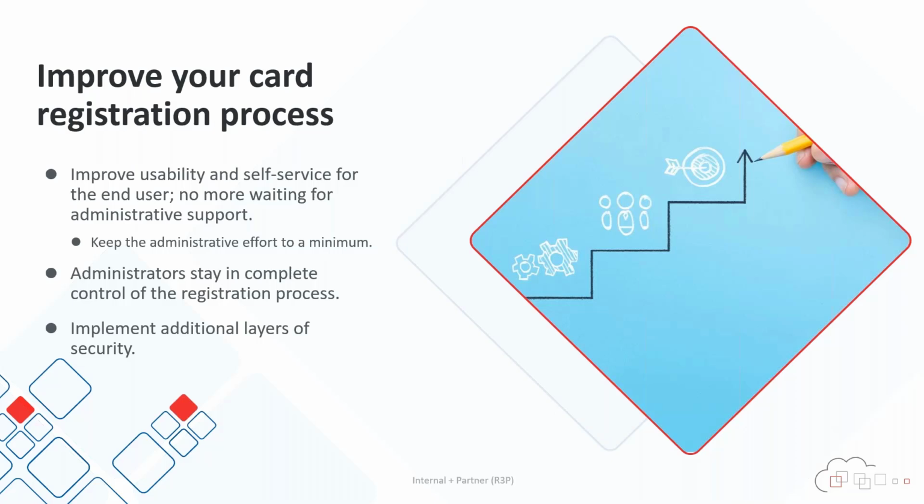So our improvements to the card registration process, as you probably now understand, significantly enhance the usability and self-service for end users. Users will no longer have to wait for administrative support, allowing them to manage their registrations quickly and efficiently, minimizing that frustration. We have retained administrative control of the registration process, guaranteeing that security and compliance standards are always upheld.